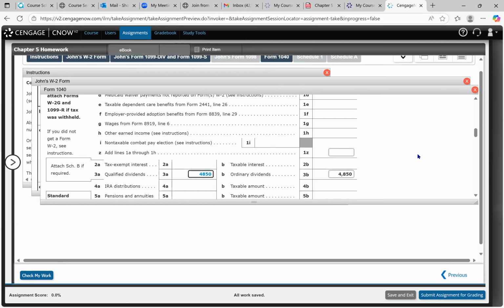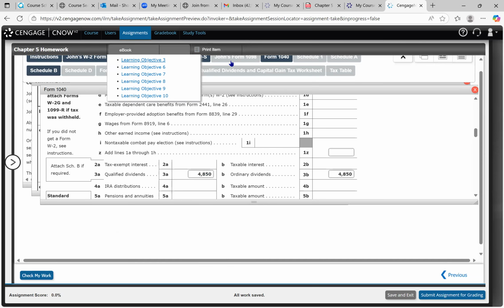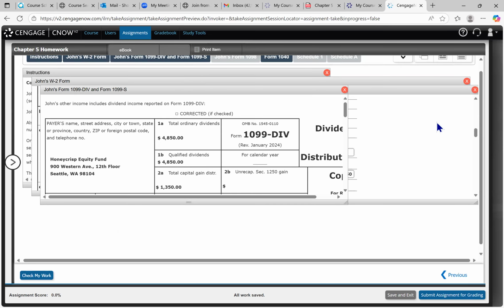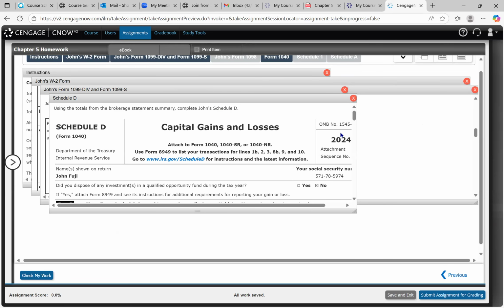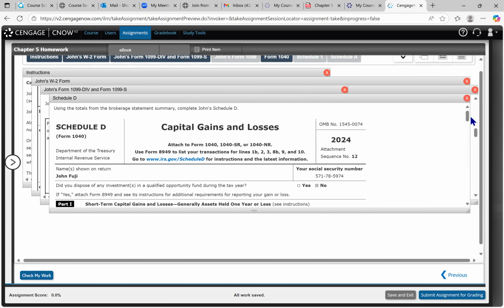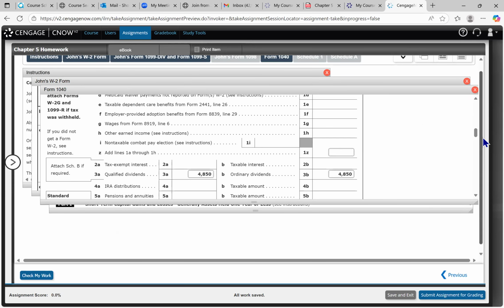Okay. Now, he also showed in here that he had capital gain distributions from this mutual fund of $1,350. That portion will go on Schedule D. The $1,350, we will open this up here. Capital gain distributions.